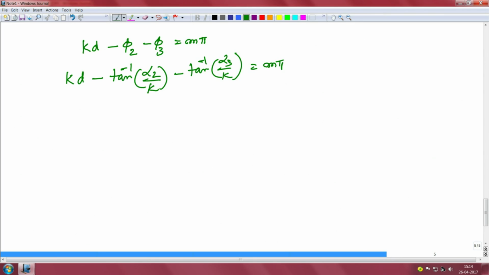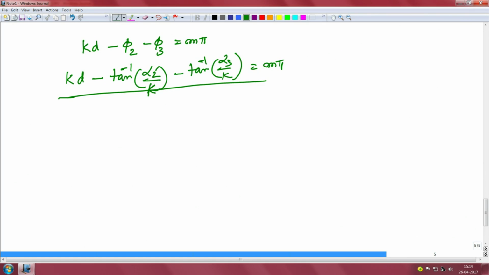So, we can say that this expression represents the equation for the propagation constant beta, which is there inside this k and alpha. This can be further simplified. We can put this in a very neat form, amenable for computation, by manipulating some of these constants.